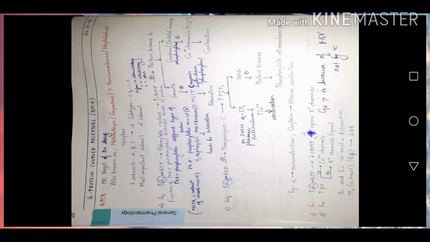So both these things cause the relaxation type function, right? So both Gi and Go coexist. Now for example, M2 is present in the heart, right? So subsequently you will know in the autonomic nervous system that M2 receptors in the heart cause a decrease in heart rate because of the presence of the Gi and Go type of receptor.